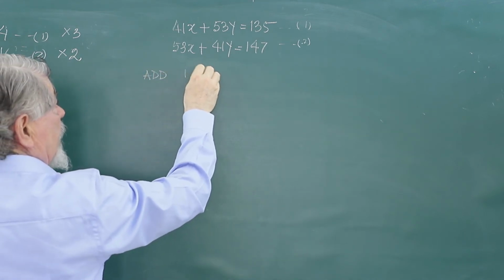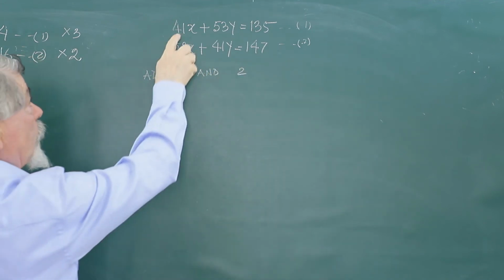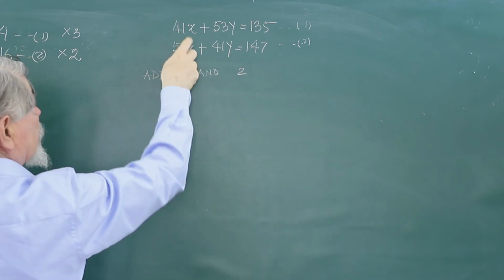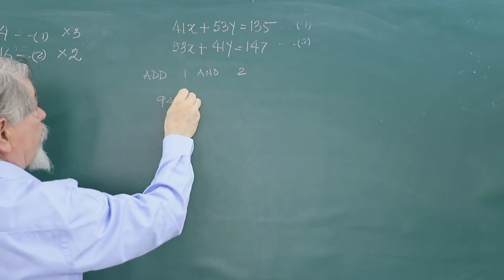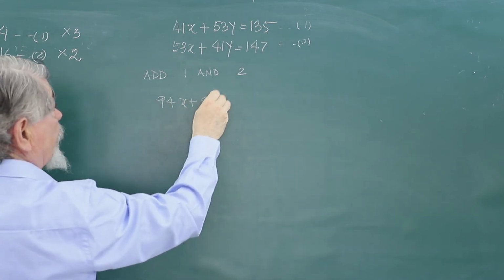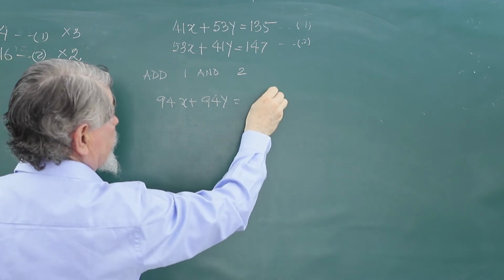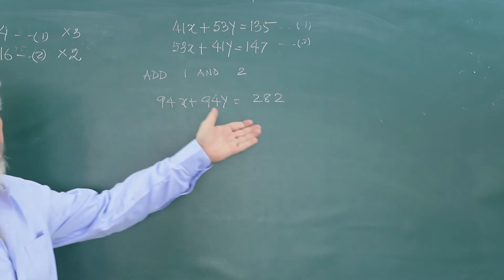If I add 1 and 2, 41 plus 53, 53 plus 41, both will be the same. So it will be 94x plus 94y will be equal to, and this will generally be divisible by the same number.